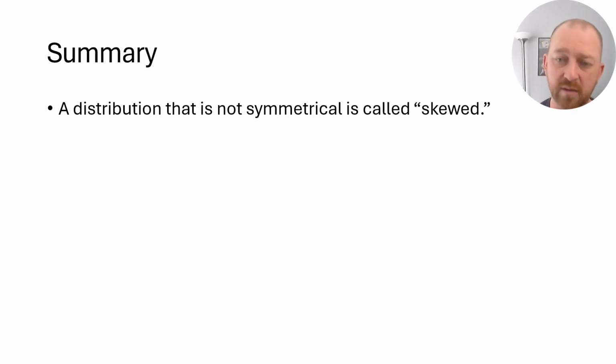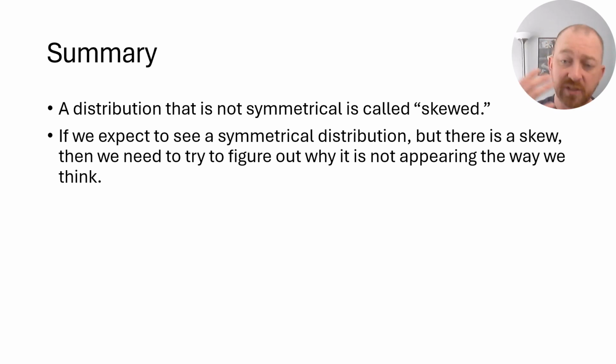Okay, so just a quick review of what we talked about. If a distribution, a histogram distribution specifically, is not symmetrical at the middle, or at least roughly the middle, then it is called skewed. The skew can be to the right, which is called a positive skew, or to the left, which is a negative skew. We do generally expect to see a symmetrical distribution, and in reality we never quite get a perfectly symmetrical one.